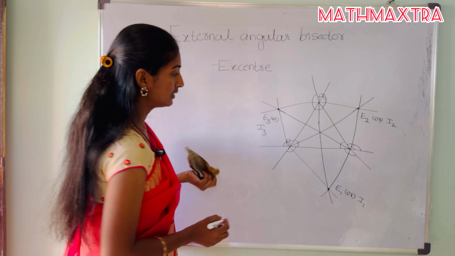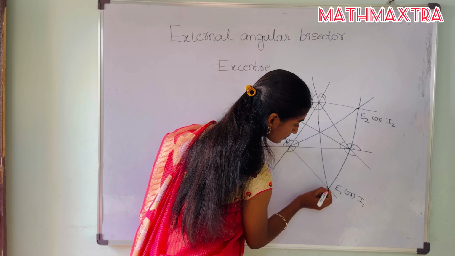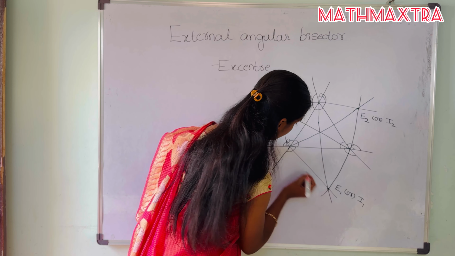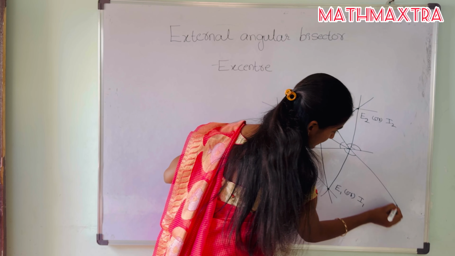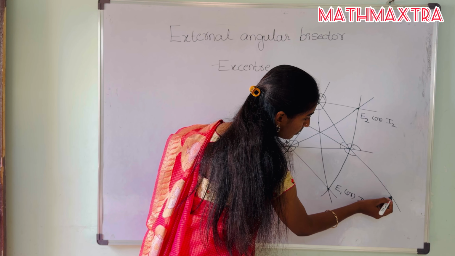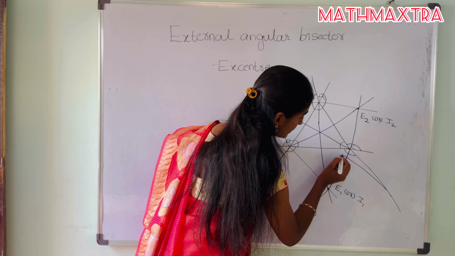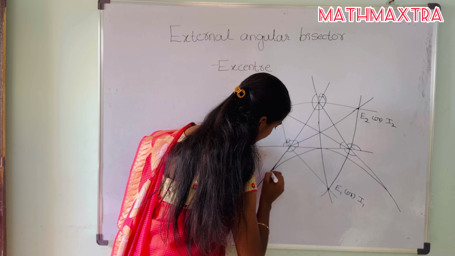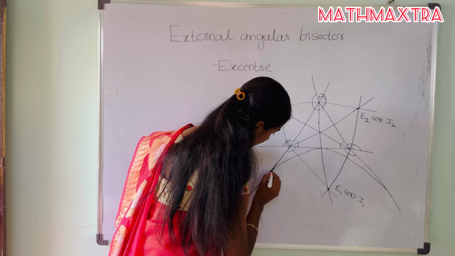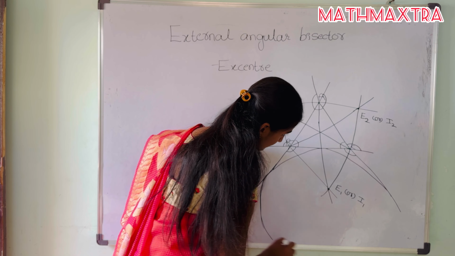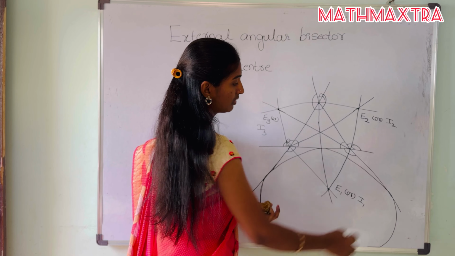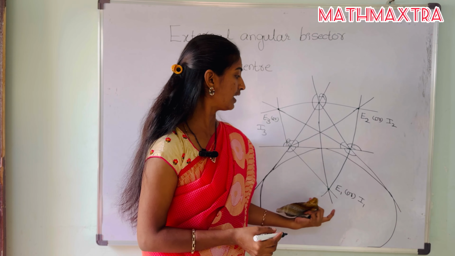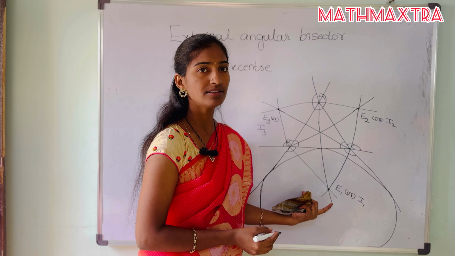Okay. And these are sides of a triangle, right? We are extending the sides of a triangle. So if you draw a circle which is touching all the three sides of a triangle, an excircle is formed.